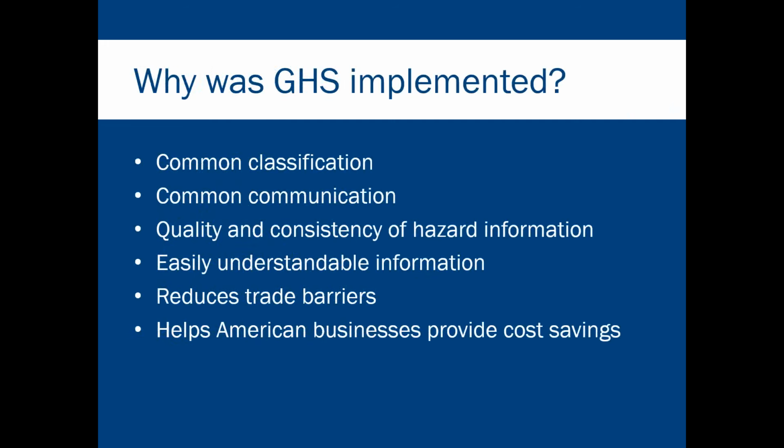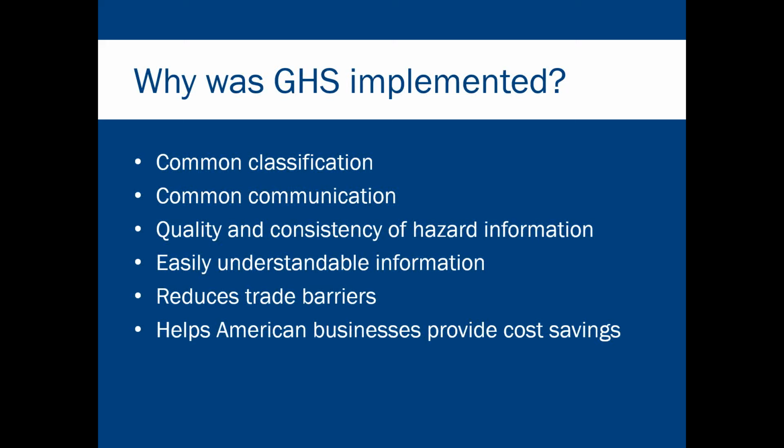So why was GHS implemented? GHS was implemented to provide a common classification of chemicals that will be used worldwide to deliver a common communication of the hazards on the labels and the MSDSs. The GHS will improve the quality and consistency of hazard information in the workplace and provide a safer work environment for employees.